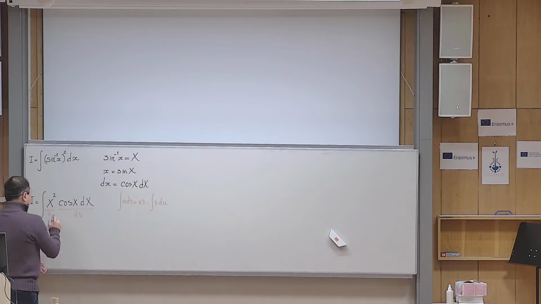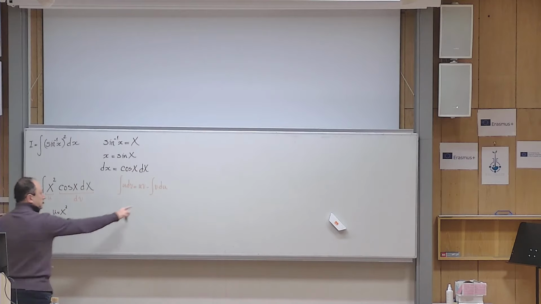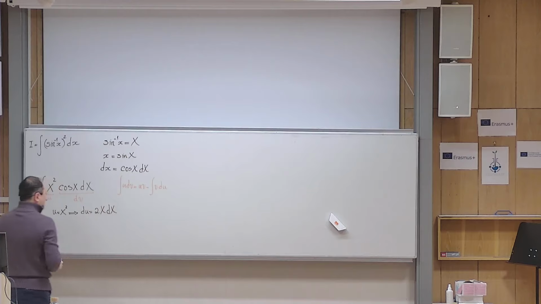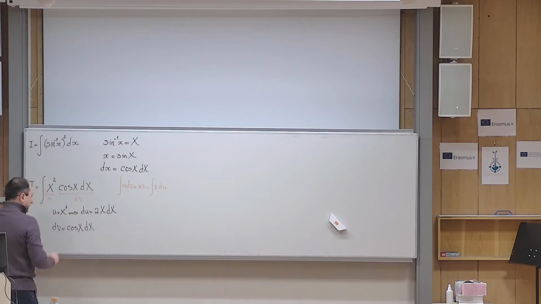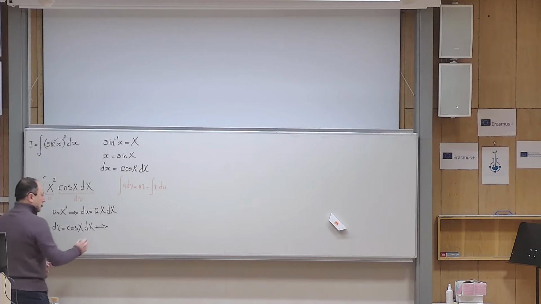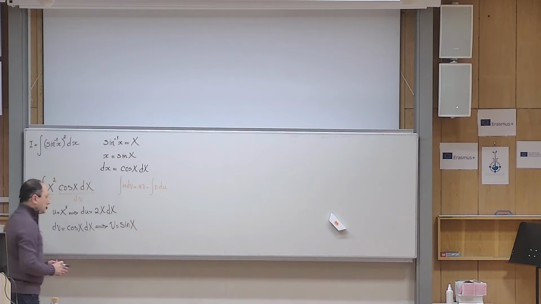If u is equal to X squared, then du is the derivative of X squared, 2X d capital X. Then dv is equal to cosine capital X d capital X, and v is just a primitive function of cosine, which is sine. One primitive function is enough.